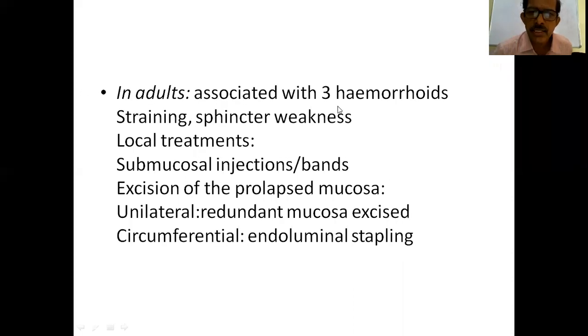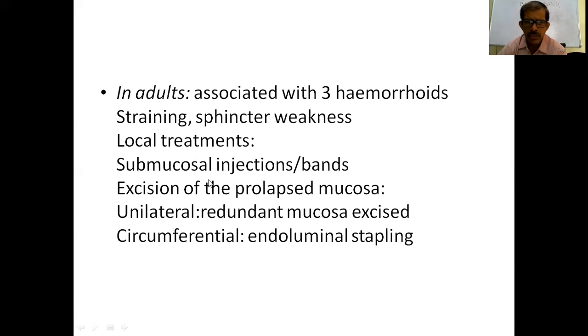Of course, in adults, usually hemorrhoids are the culprit. Along with hemorrhoids, prolapsed hemorrhoids, the mucosa of the rectum also will prolapse, mainly due to straining and sphincter weakness. So mainly for them, again, it is submucosal injection, that is phenol almond oil, or bands. Sometimes what you can do is you can transfix and excise the distal portion.